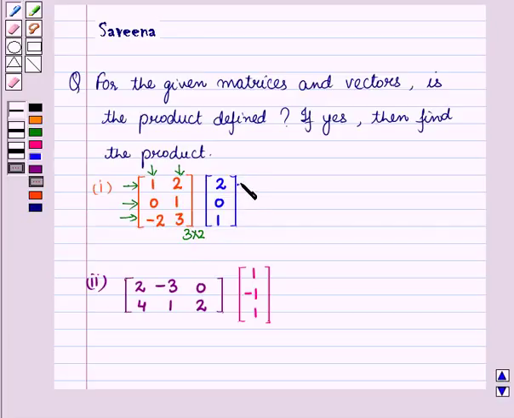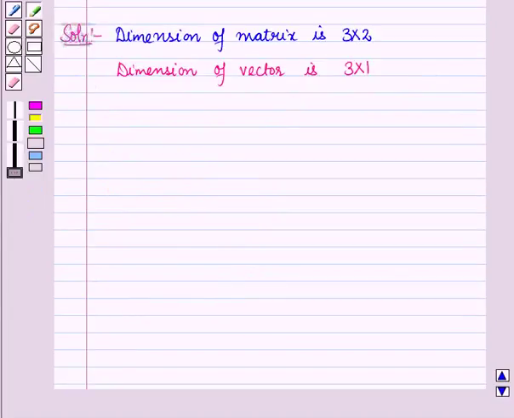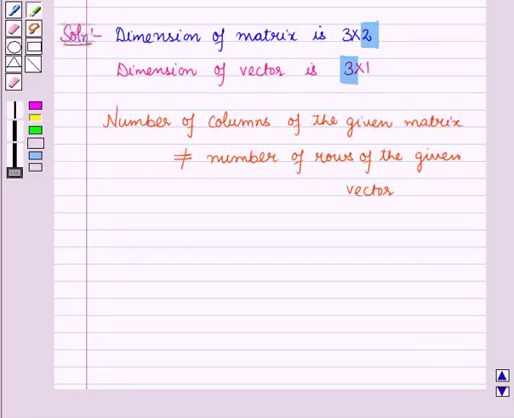So here we have 3 rows and 1 column. So dimension of this matrix is 3 cross 1. So number of columns of the given matrix is 2 and number of rows of the given vector is 3. So number of columns of the given matrix is not equal to number of rows of the given vector.